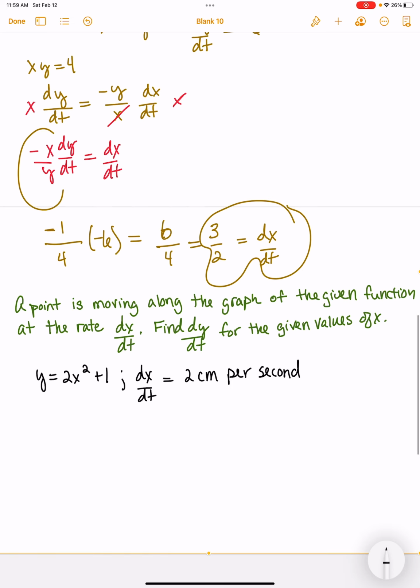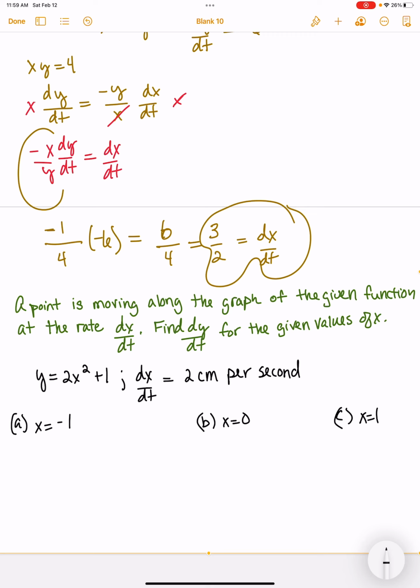The first value that we're given is x equals -1. And then for b, x equals 0. And then, I don't know if I have enough room.